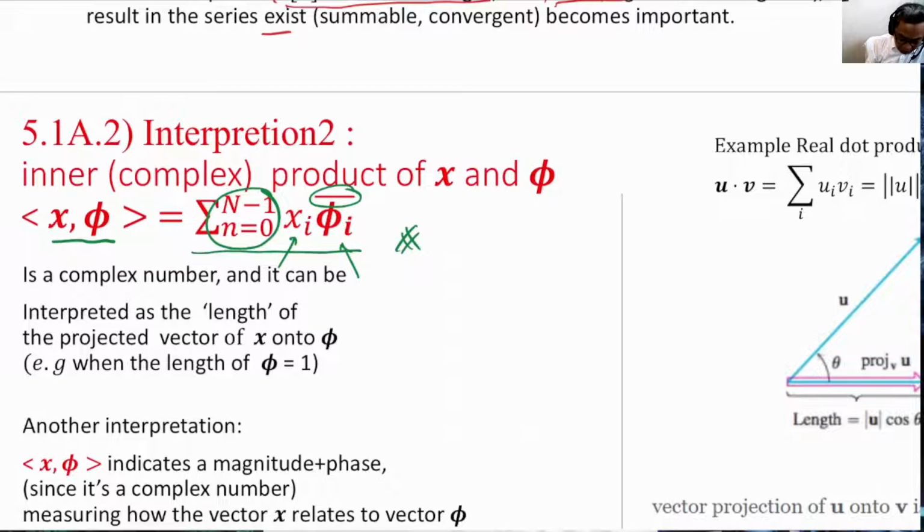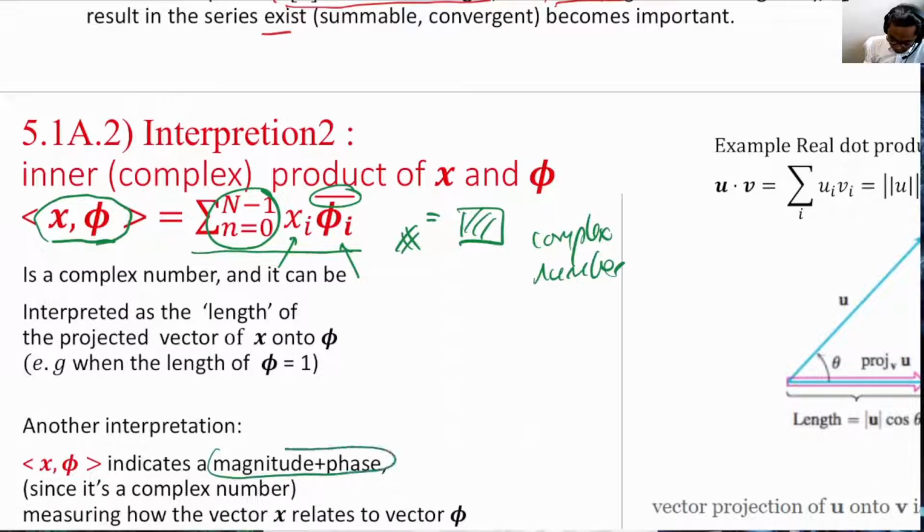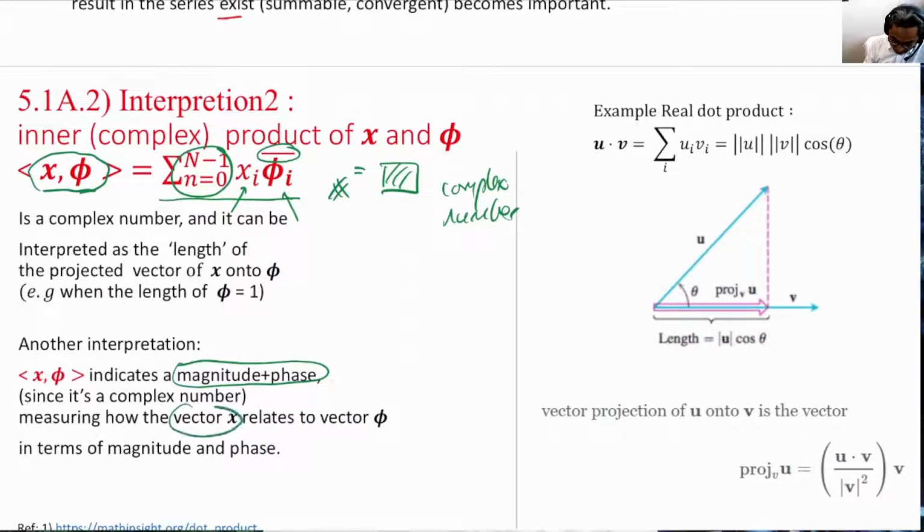When we interpret this equation, you can think of it as generating a number, because out will pop a number, and this number is a complex number, and this complex number will reveal the magnitude and phase of how the vector x is related to the vector phi.